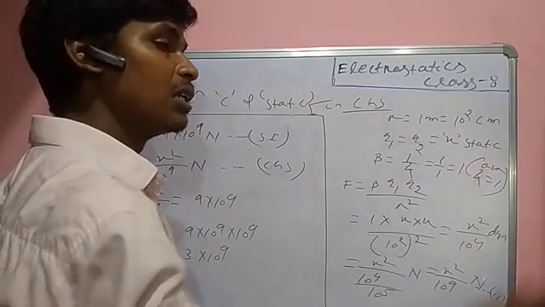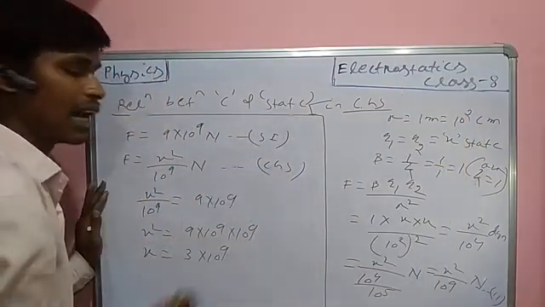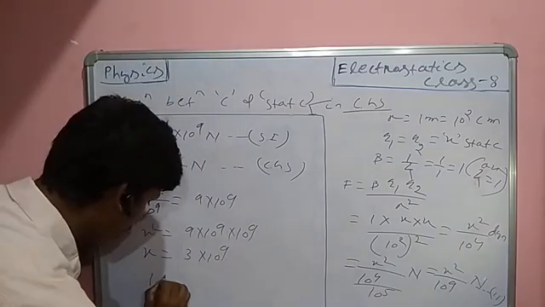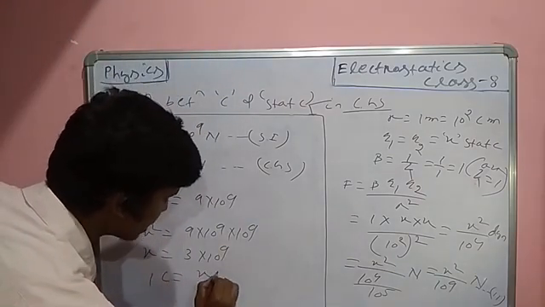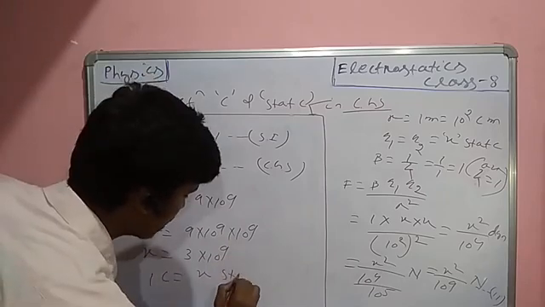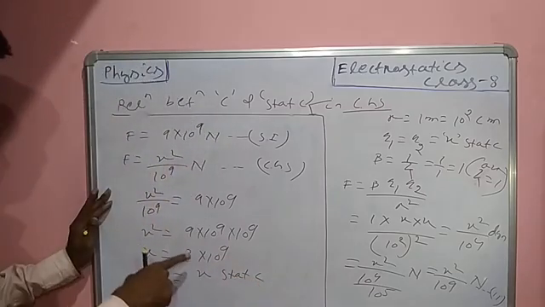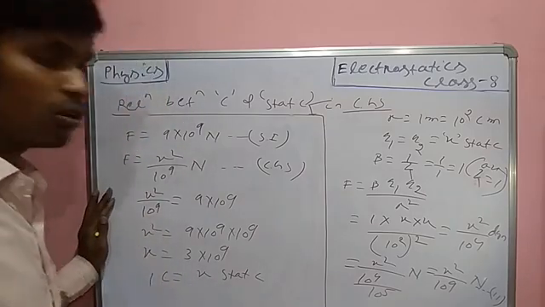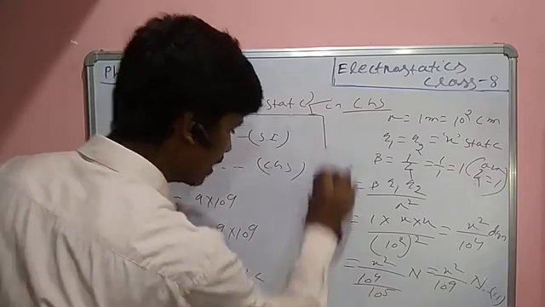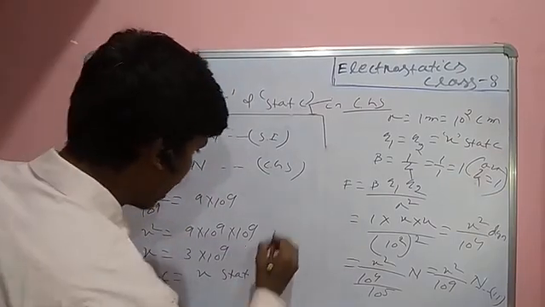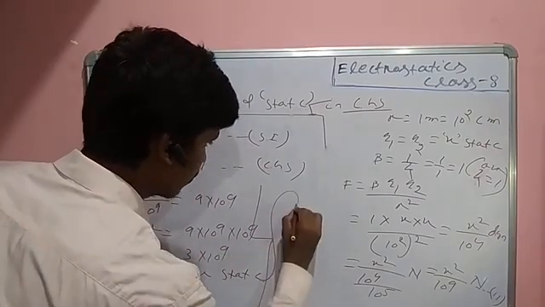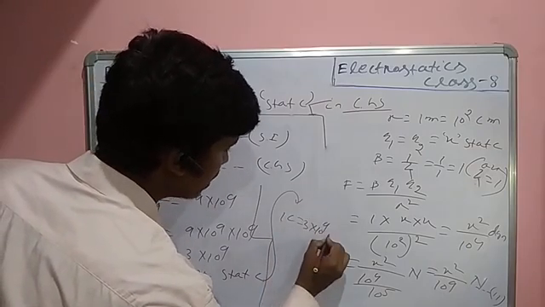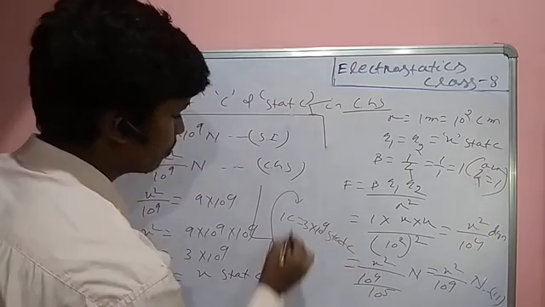Just before, we wrote that 1 coulomb is equal to X stat coulomb. Writing 3 into 10 to the power 9 instead of X, we can find that 1 coulomb is equal to 3 into 10 to the power 9 stat coulomb.